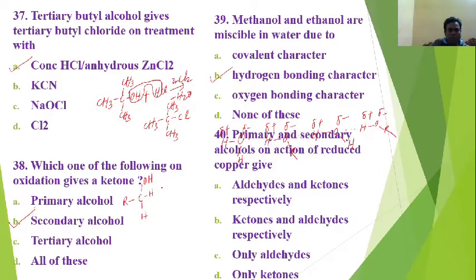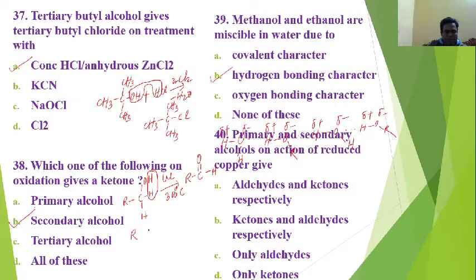Why primary alcohol? The OH group is attached to the carbon which is further attached to only one carbon. This is primary alcohol. Upon heating with copper at around 300 degrees Celsius, hydrogen gas will be removed. So here between C and O there will be a double bond, C double bond O, which is aldehyde.